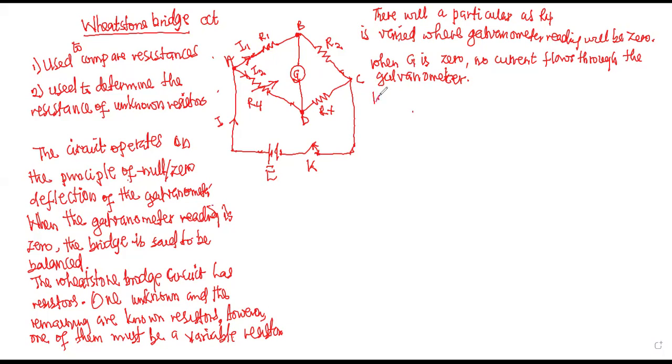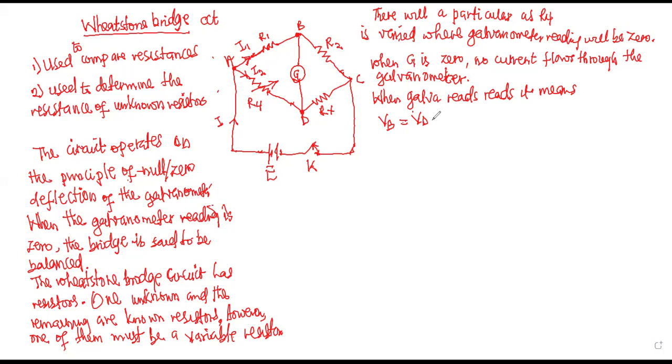Okay, when the galvo reads zero, it means V at B is equal to V at D. Of course, when 2 points have the same potential, no current would flow.